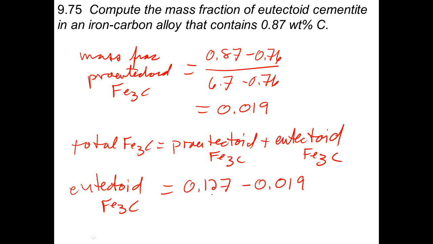Using the value for the total cementite that I calculated on the previous page, minus the pro-eutectoid cementite that I just calculated, leaving me with the eutectoid mass fraction of 0.108 as my value.